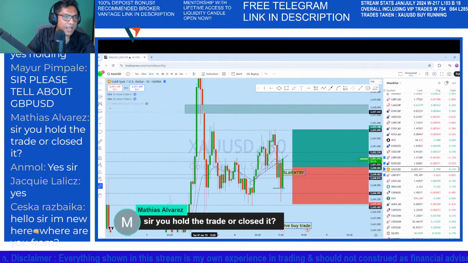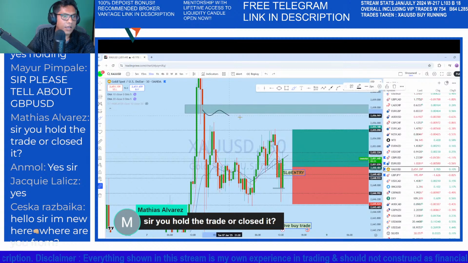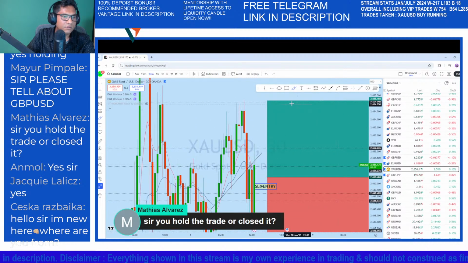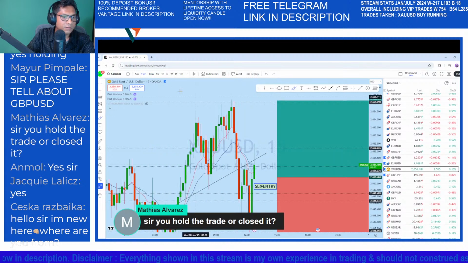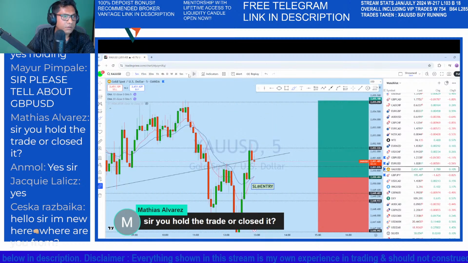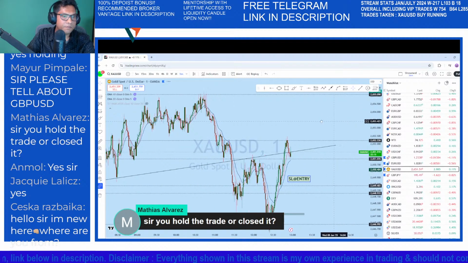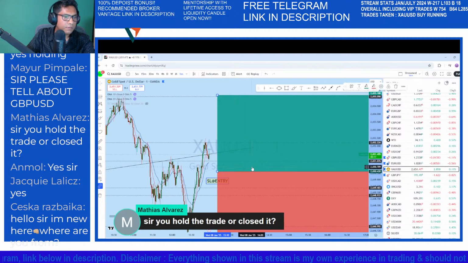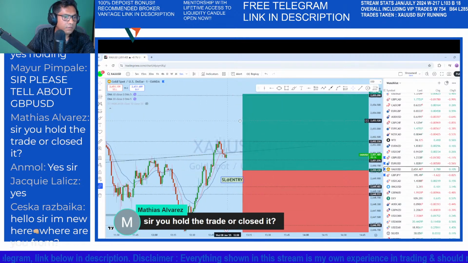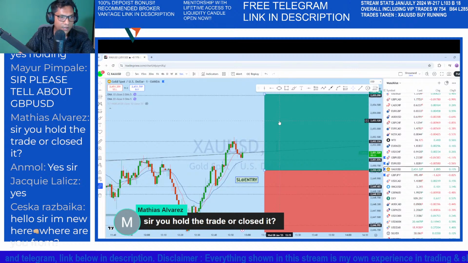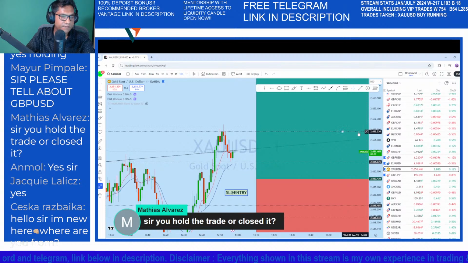Okay, so this is where the gap is, right? This is a gap, and that's a very important level. So here is where the gap is. Cool, let's look at that.